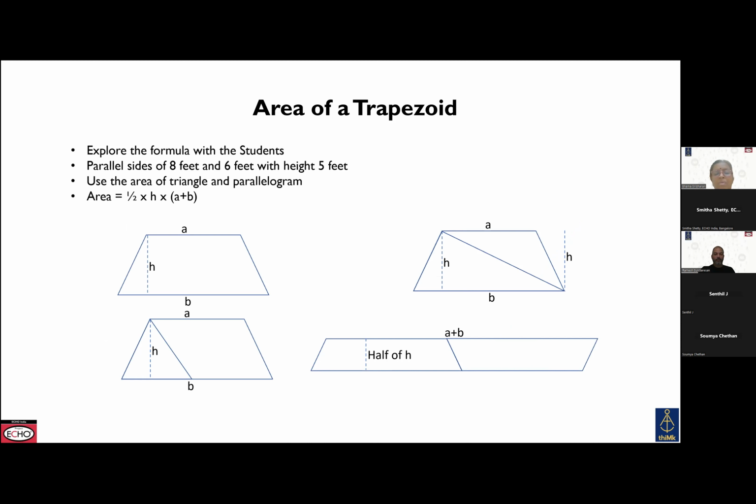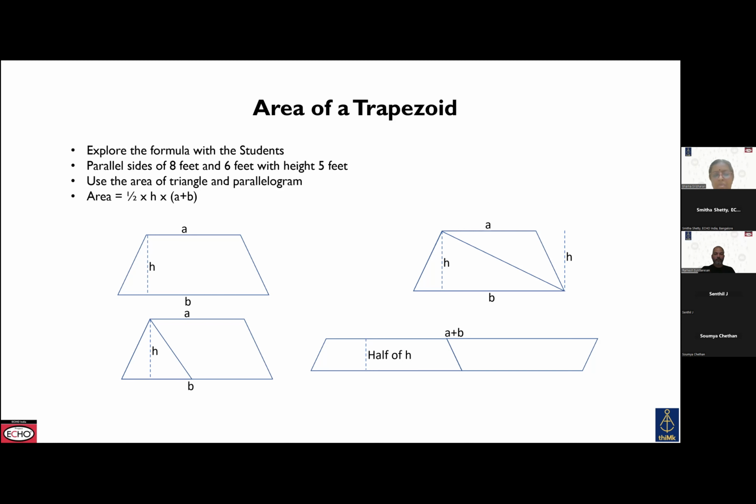There are three different ways shown here. On the trapezium, there is a height and there are two bases, one is A and the other is B. Both are parallel, and that's the key thing.